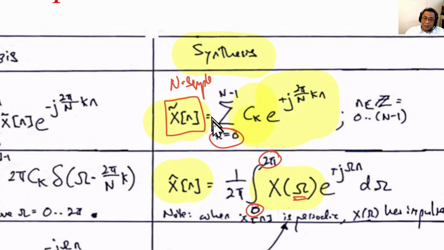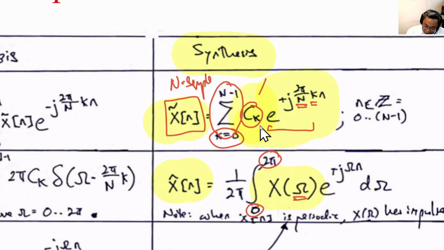Now, what's the other interesting thing is, this synthesis equation shows us clearly what Fourier is trying to teach us. A time domain signal is broken down into the sum of complex exponentials of different frequencies weighted by ck's, the Fourier coefficients.